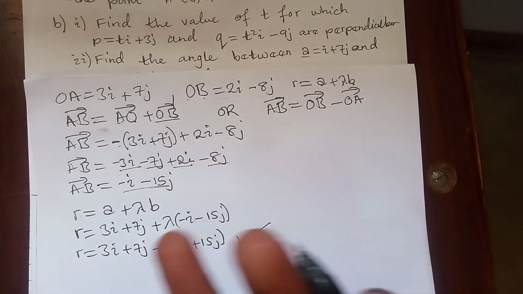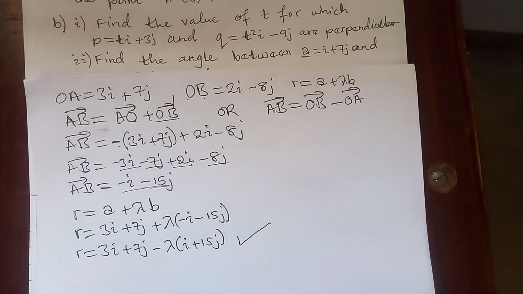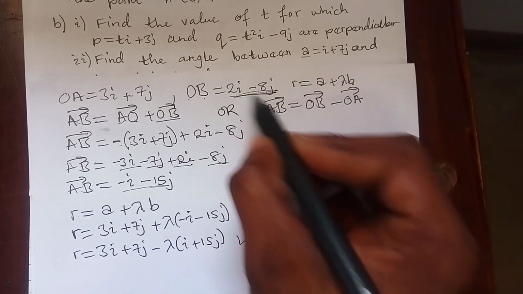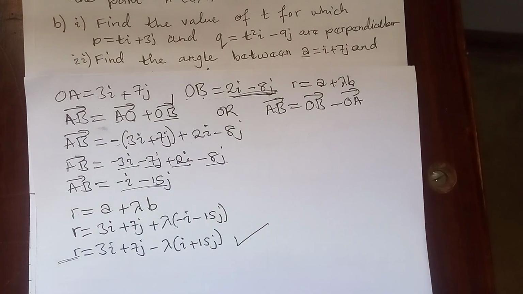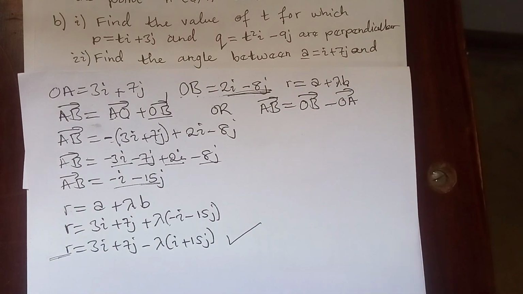In case you are not sure and you want to verify whether your answer is correct or not, you can simply substitute a point here and then check if you will be able to find a λ which will satisfy the equation. So before we look at the second part, I'll go ahead and verify this for you.